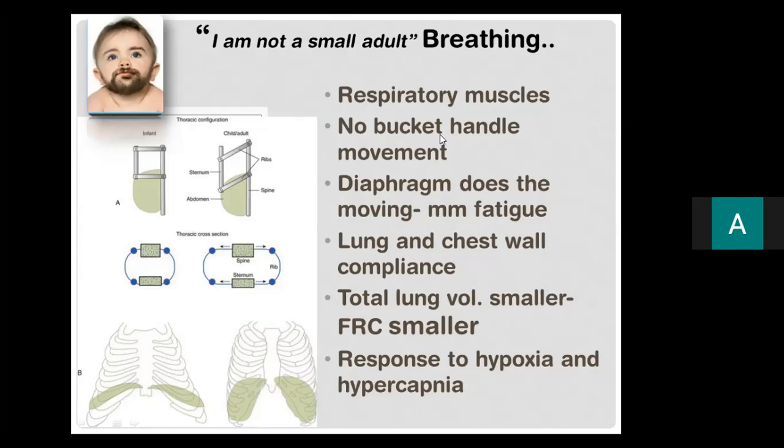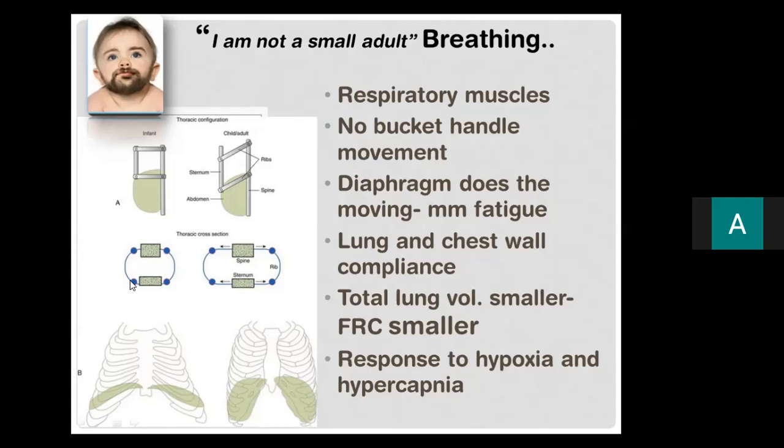So when you look at the lungs, because they're easily compliant, as long as you have a pressure drop, they close off their airways and end up with atelectasis, which is a challenge in this particular age group, and more especially the younger infants.